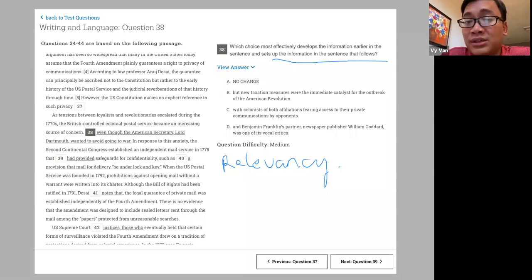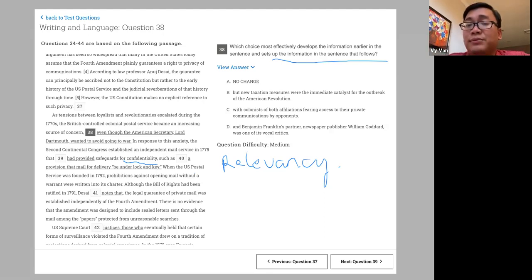There's the concern. In response to this anxiety, the Second Continental Congress established an independent mail service that provided safeguards for confidentiality. That means your privacy is protected. You want to choose a choice that says that.